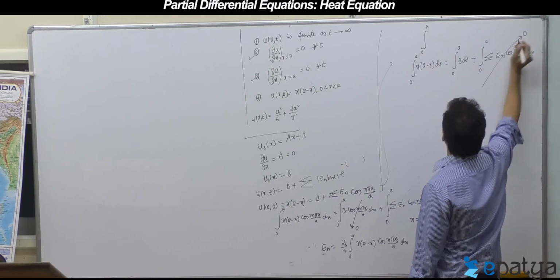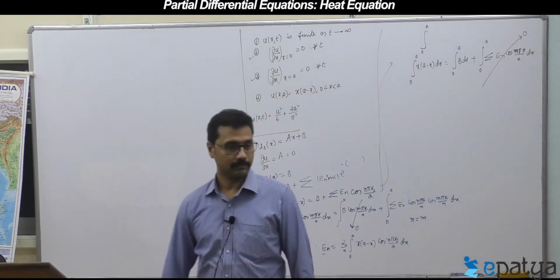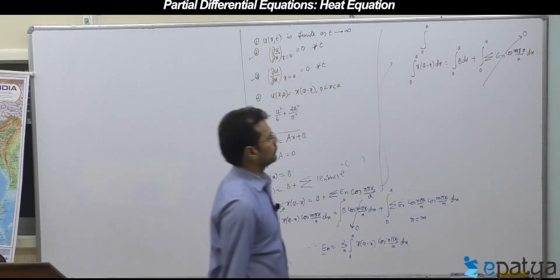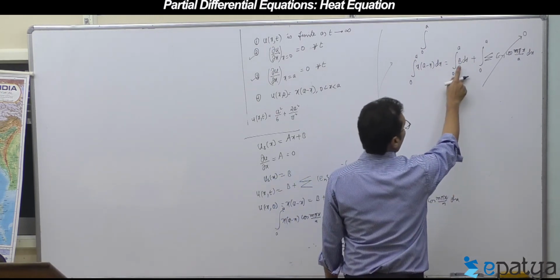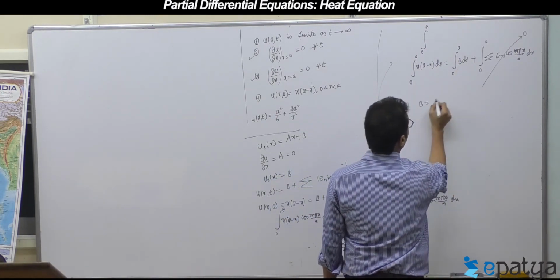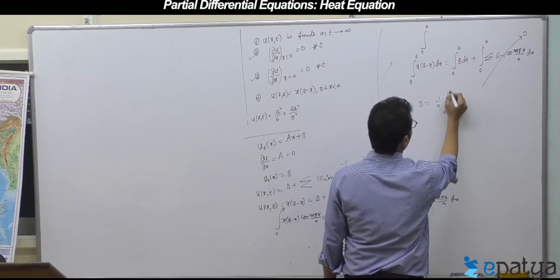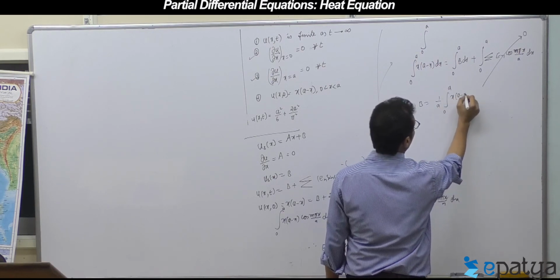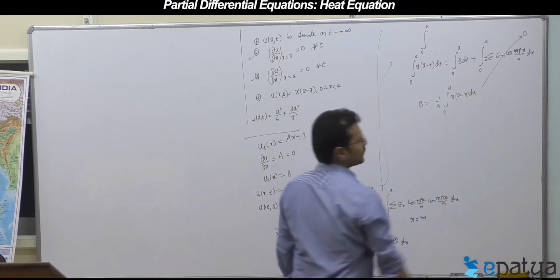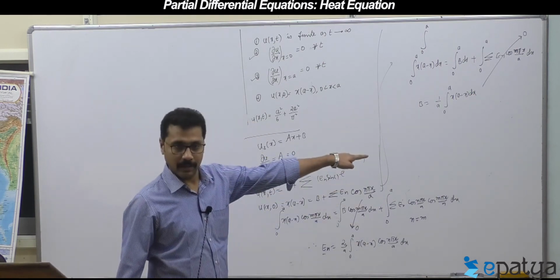This becomes 0 now. Therefore this is b into a. Therefore b equal to 1 by a integral 0 to a x into a minus x dx. So that's how you need to get b.